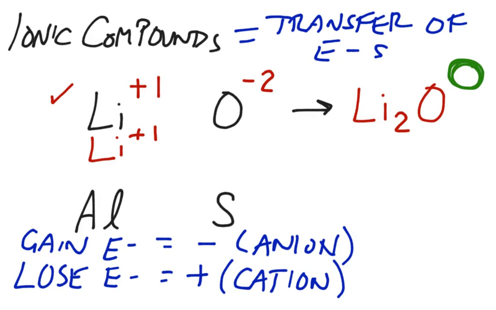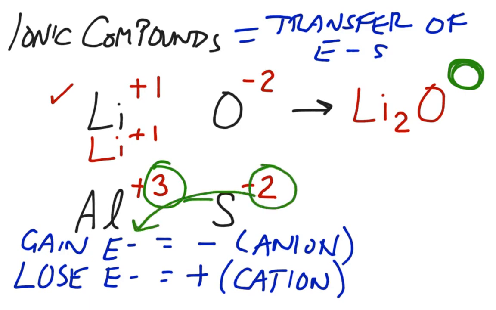Looking at the second example, we have aluminum. Aluminum's in group 13 or group 3A and therefore takes a +3 charge. Sulfur's in group 6A with oxygen, so it takes a -2 charge. Now another easy way to make this work is to crisscross and reduce. If I circle the number of the cation and the anion and I reverse their positions, I get the lowest whole number ratio that gives us our compound.